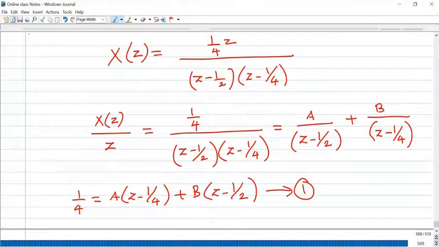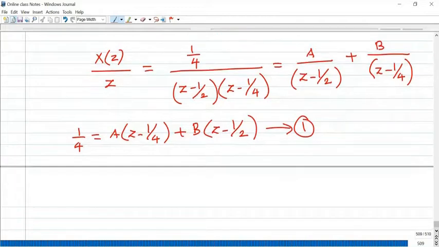Substitute z value and find out a and b. Substitute z equal to 1 by 2, you will get b. Substitute z equal to 1 by 4, the other value you will get. Okay.